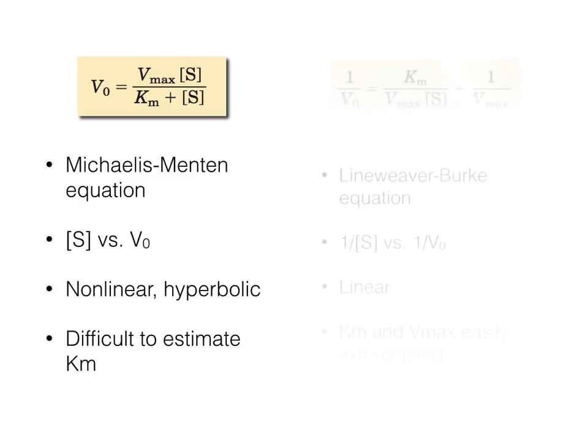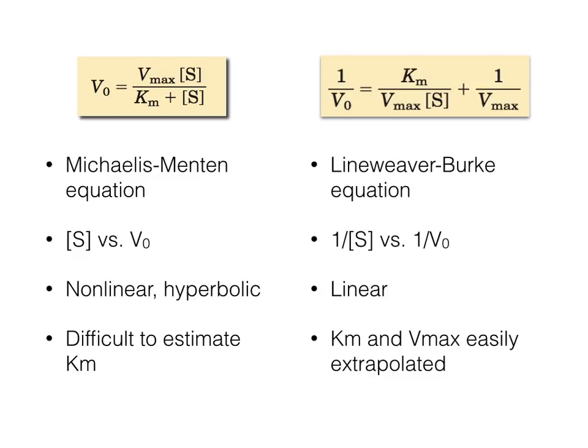Now, the solution is to convert the Michaelis-Menten equation into its derivative called the Lineweaver-Burk equation. So this is simply the reciprocal of the Michaelis-Menten. So when you graph it, it's now 1 over S versus 1 over V naught. And the relationship between the two is linear. And because the relationship is linear, Km and Vmax are easily extrapolated.